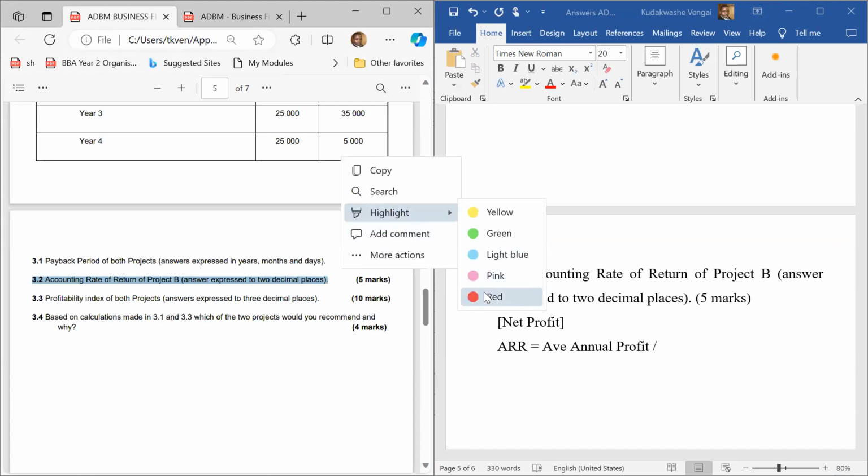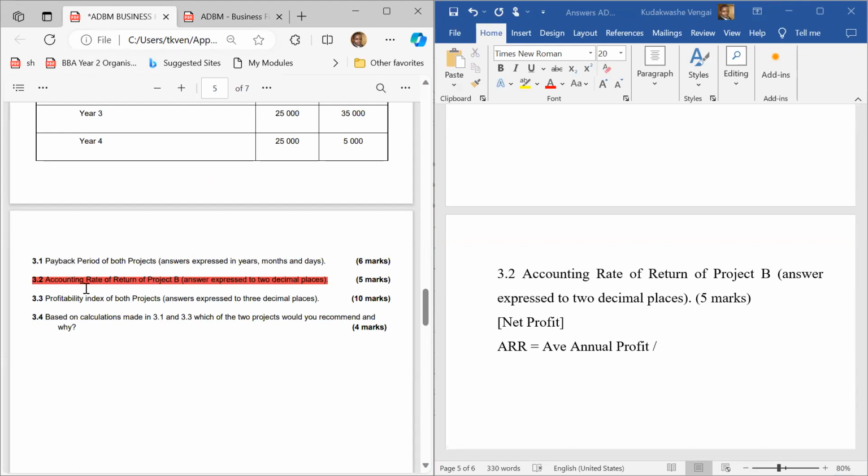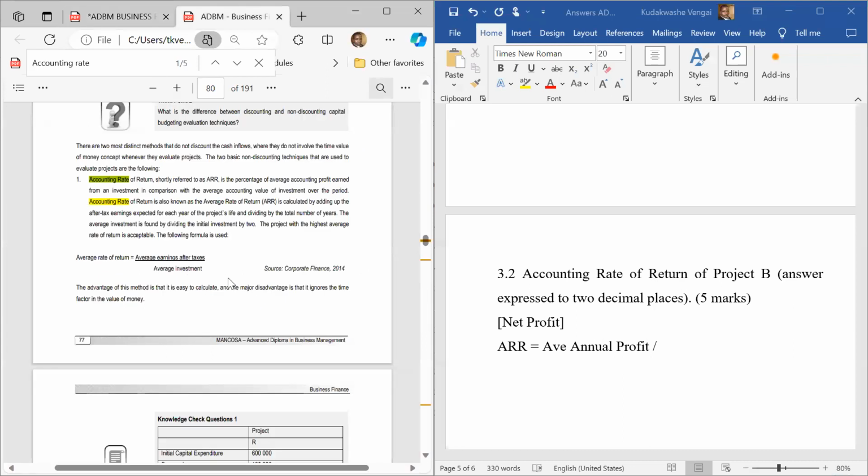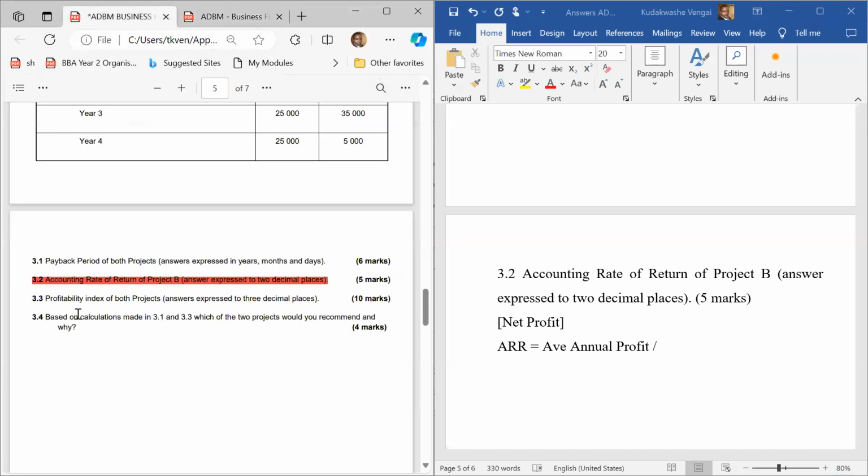Your lecturer might write accounting rate of return on initial investment. If he says on initial investment, do not use the formula which says divided by average investment. It means you have to divide by the initial investment. But if he is silent, just like this question, where it just says accounting rate of return, then you use the average investment.